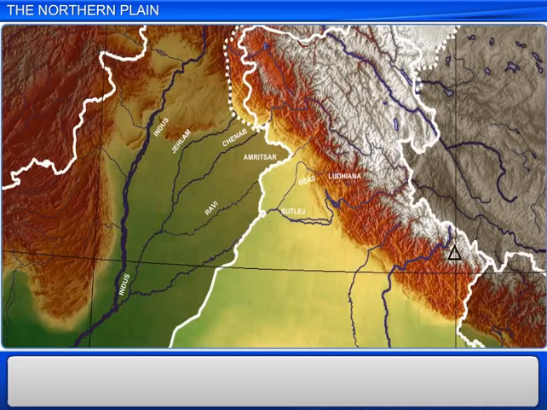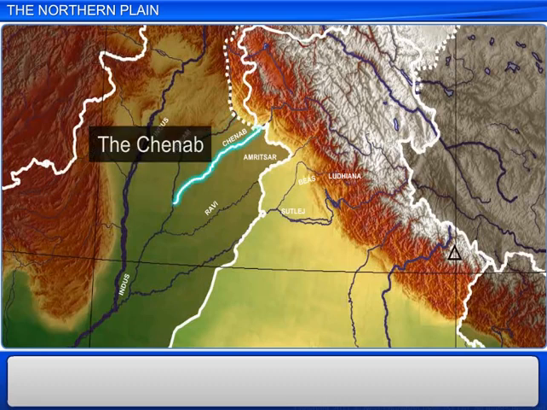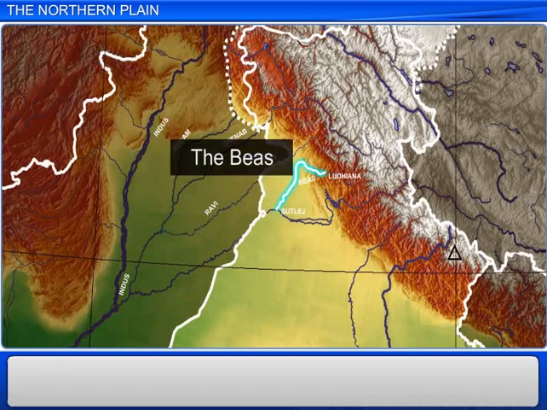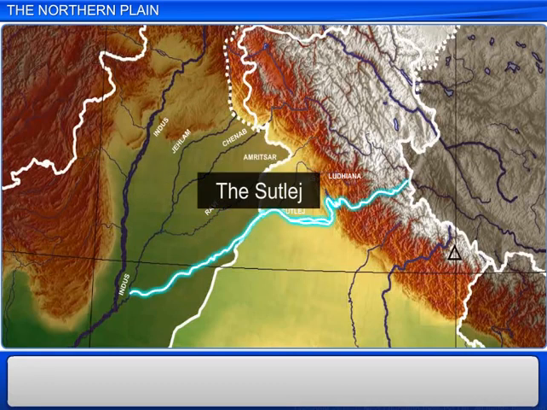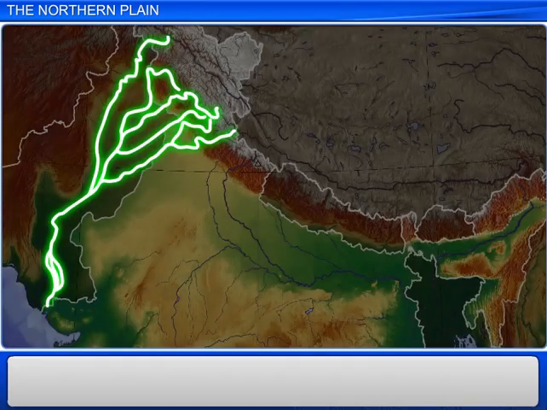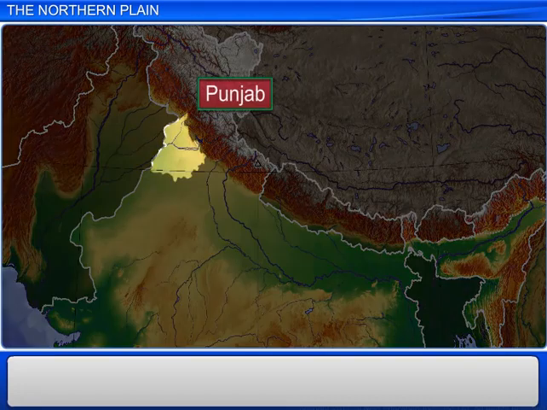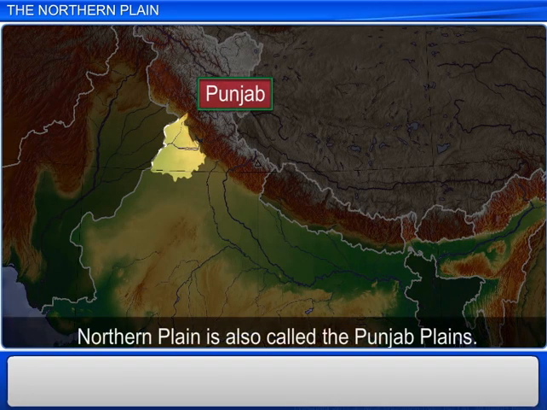The Indus and its tributaries, the Jhelum, the Chenab, the Ravi, the Beas, and the Satluj, originate in the Himalaya. Between these rivers lies the fertile state of Punjab. This part of the northern plain is also called the Punjab Plain.